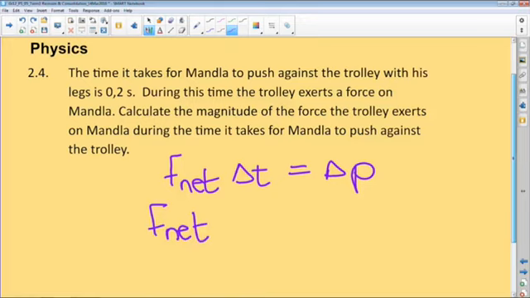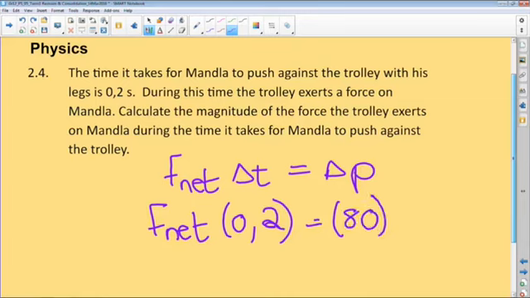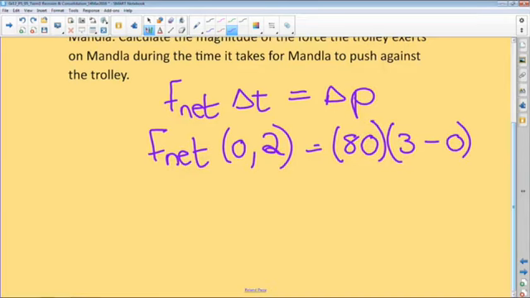We are told that the explosion takes 0.2 seconds. And change in momentum means we take the mass. We're looking at Mandela, so it's 80. And we take his final velocity minus his initial velocity. And now we solve for F net.